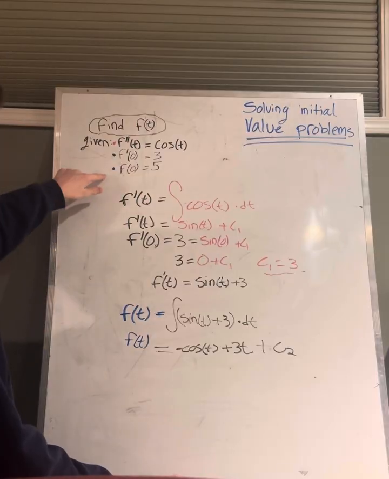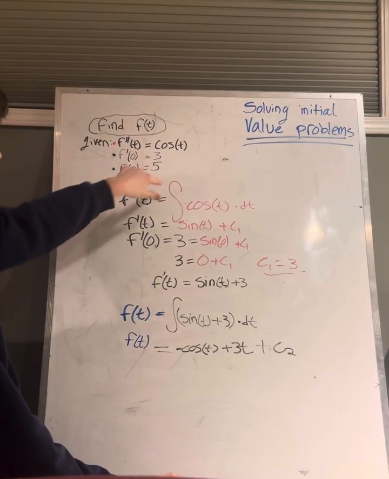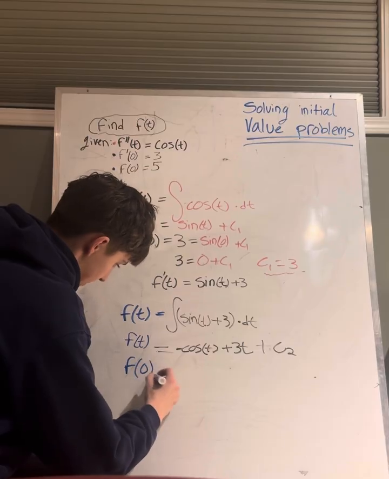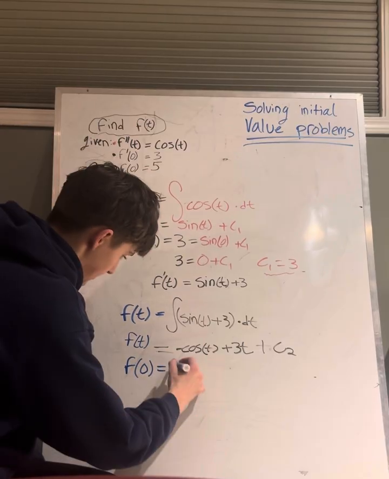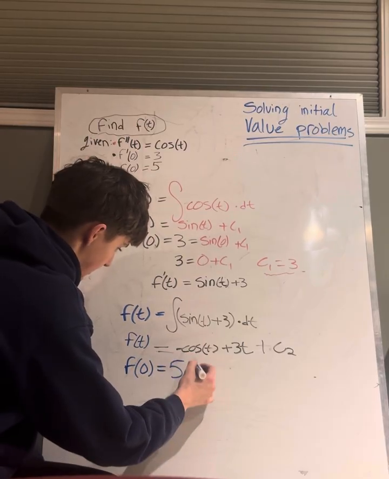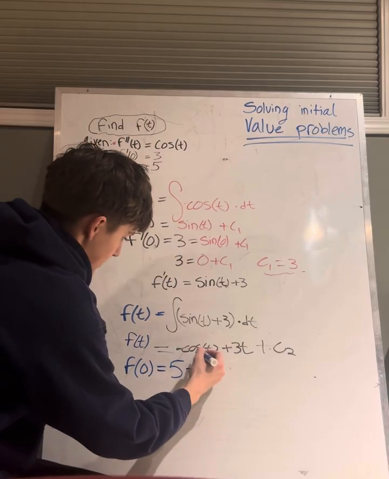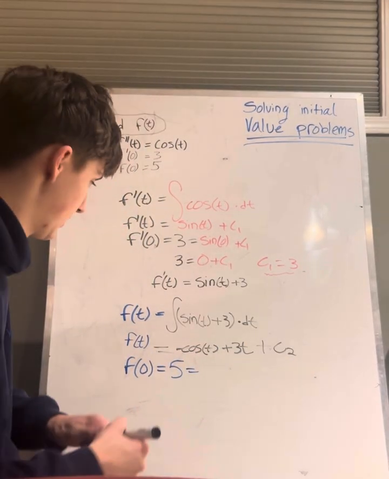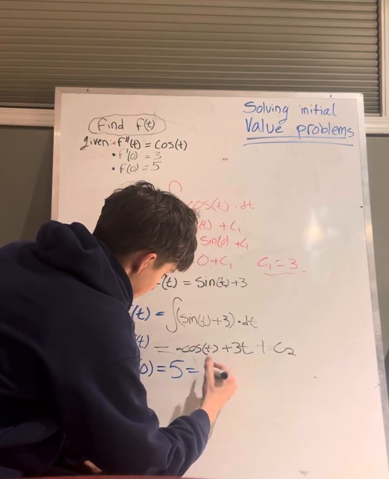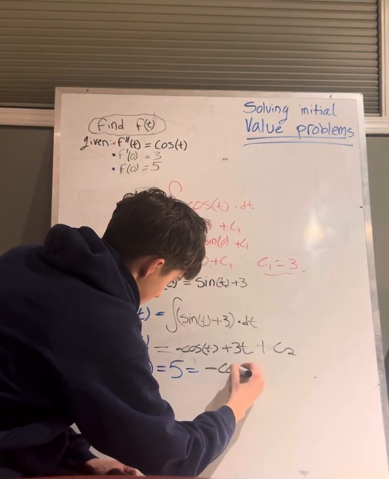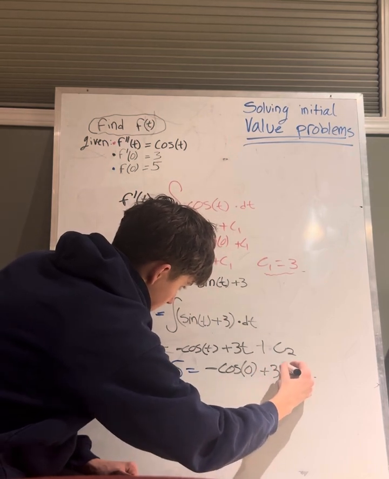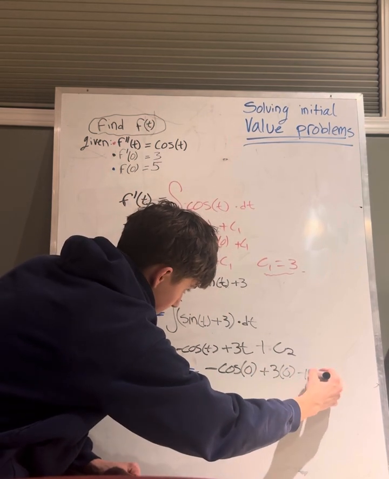And we know something fun here. We know that f at time equals 0, or when t equals 0, is going to be equal to 5, as I have it written there. And that is going to be equal to this at time equals 0. So let's rewrite that here. We've got negative cosine at time 0 plus 3 times 0 plus c2.